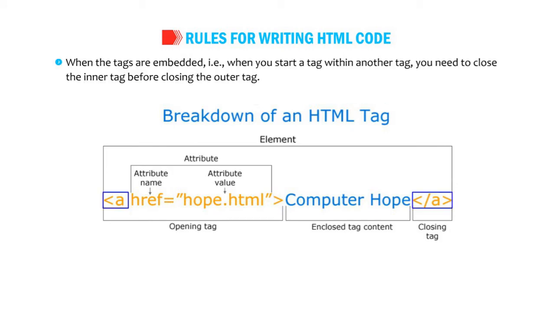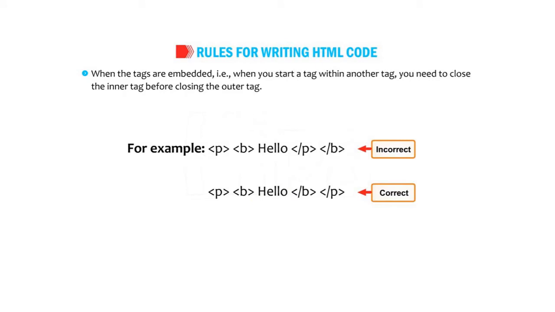When the tags are embedded, that is, when you start a tag within another tag, you need to close the inner tag before closing the outer tag. For example, paragraph tag, then bold b tag, we write hello, and then we close the p tag first and the b tag after.